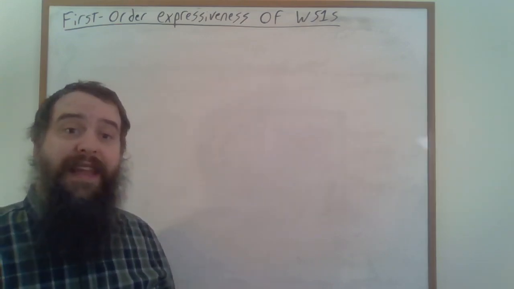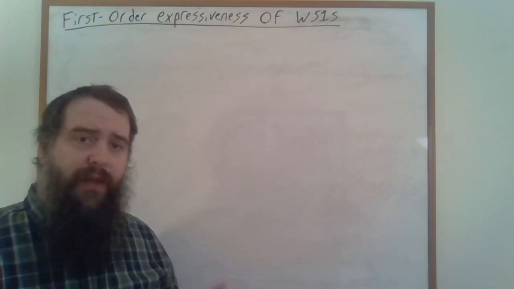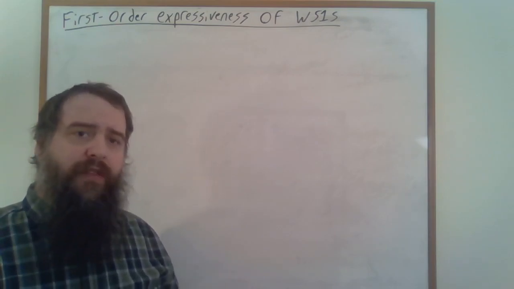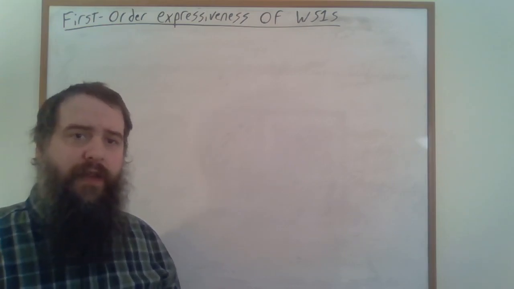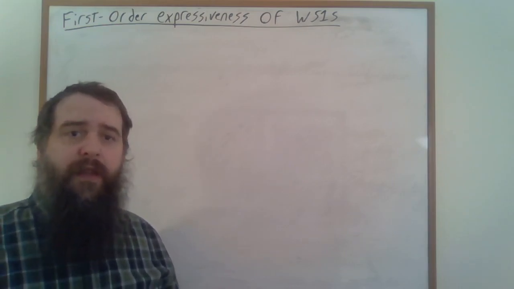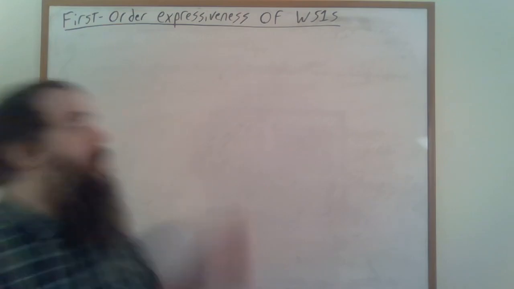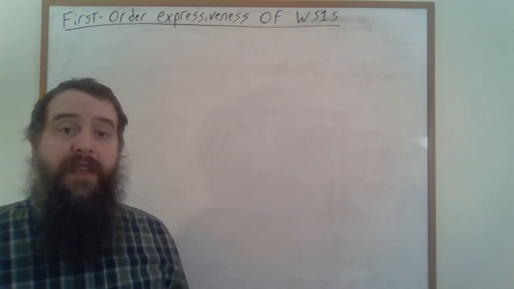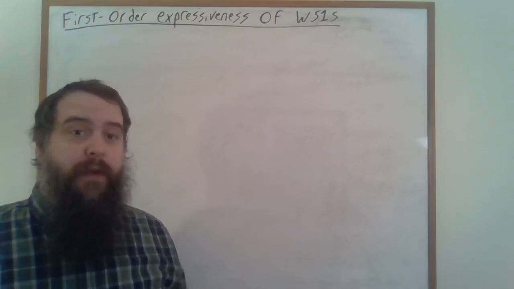In this video, I'd like to take advantage of the fact that we have all of these different perspectives on the regular languages in order to answer some intermediate questions of expressiveness. In particular, what sorts of things can we say about first-order elements in weak S1S? What sorts of things can we say about natural numbers?